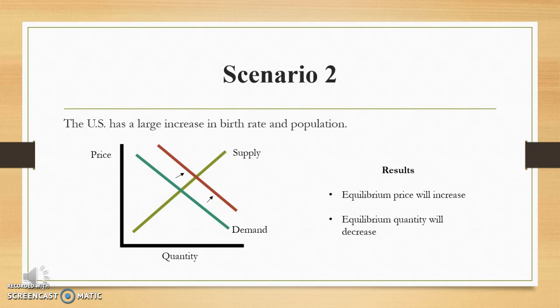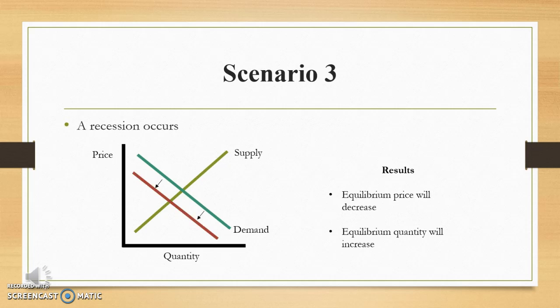All right, let's go on to scenario 3. Scenario 3 is a recession occurring. What this is going to cause to happen to our equilibrium price is it's going to decrease. And this is going to happen because during a recession, there's less money floating around. And people don't have that extra money, so they're going to find ways to save. Well, when we talk about oil and gasoline, people can find ways to save by not going on that trip, not taking that Sunday drive, carpooling.